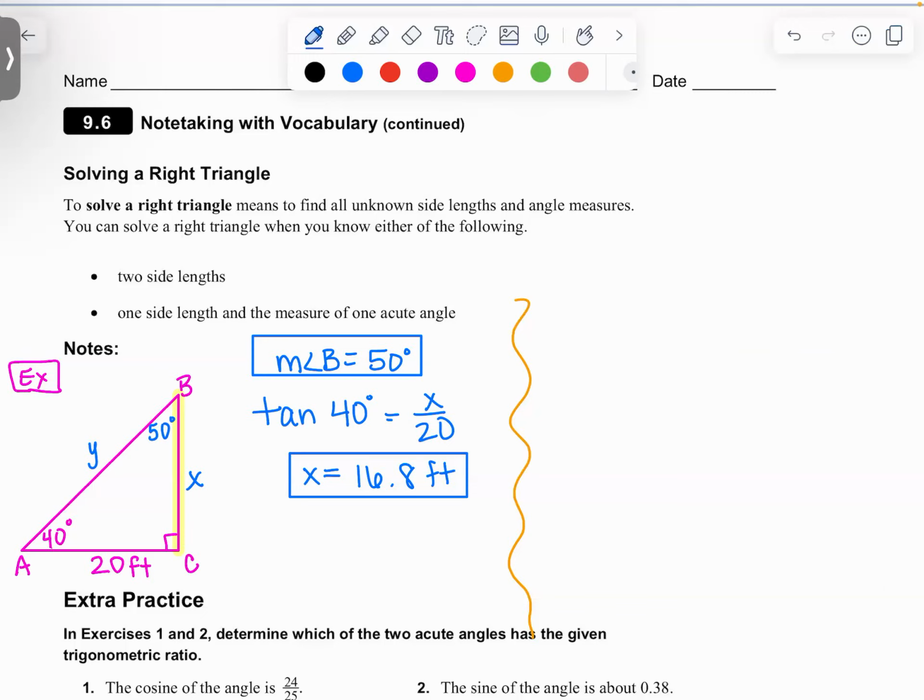Okay, but let's say we want to use cosine. We know that the cosine of 40 degrees is 20 over y. Do you agree? Okay, so think about how you would punch this into your calculator.